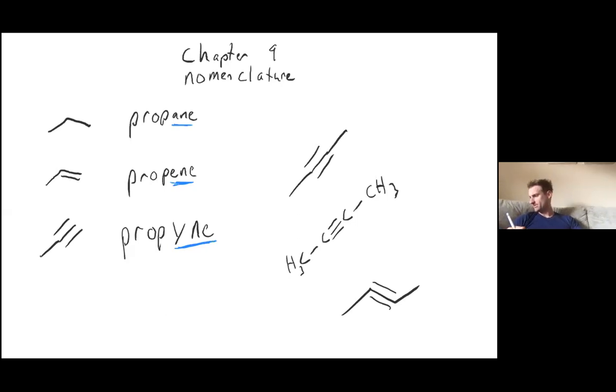Okay, so let's talk about some naming for these. So very similar to alkenes. A little easier, honestly, because we don't have to determine E or Z for them. So if I have one that looks like, let's just do the non-chiral version of this first.